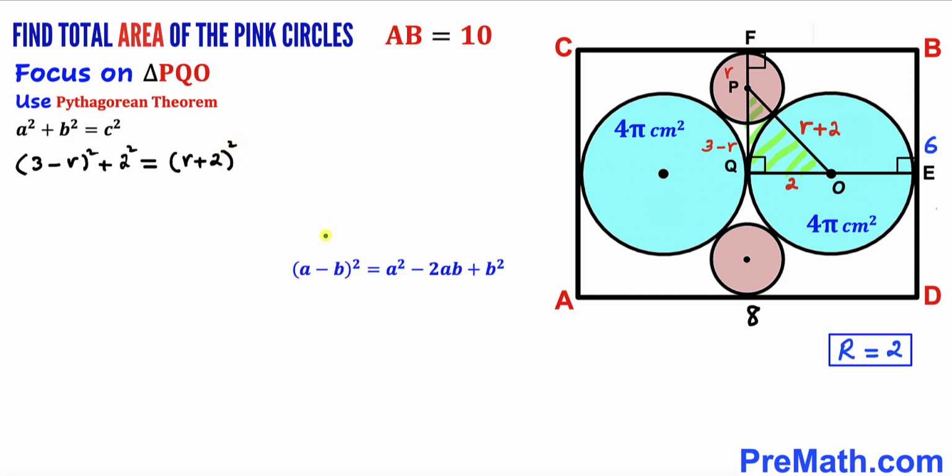And now let's recall this famous identity: a minus b whole square could be written as a square minus 2ab plus b square. We are going to apply it on this binomial on the left hand side.